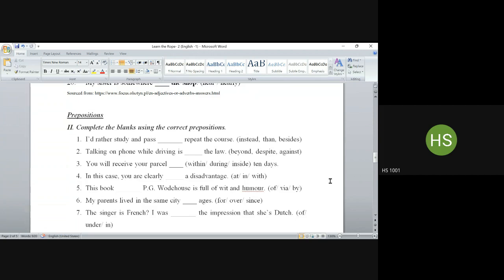Prepositions have very basic functions. Their function is to show the relationship of some noun or pronoun in the sentence, with respect to place, time, position, direction, movement. That is the basic function of a preposition.